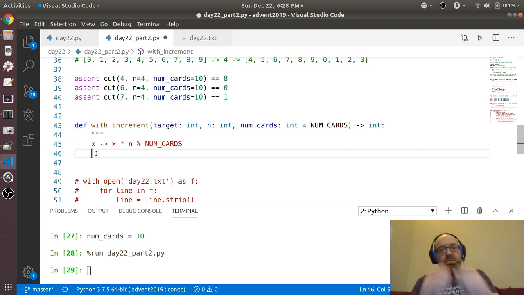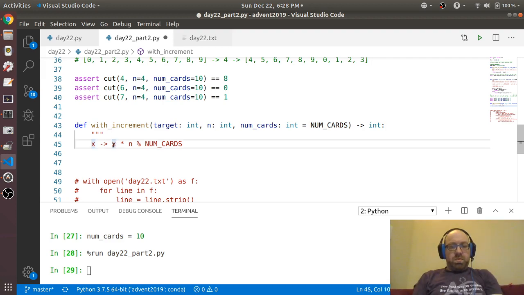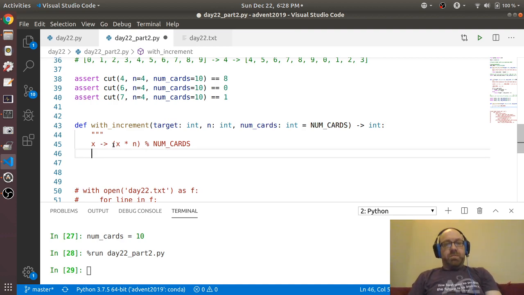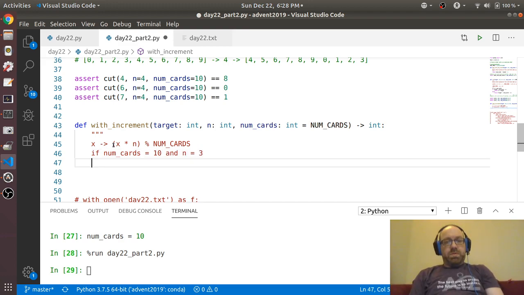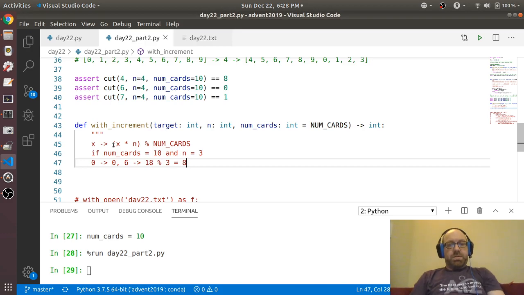And so what that means is, for example, if num cards equals 10 and n equals 3, 0 goes to 0. 6 goes to 18 mod 10 equals 8. Okay?